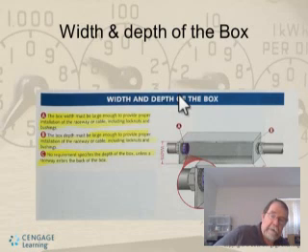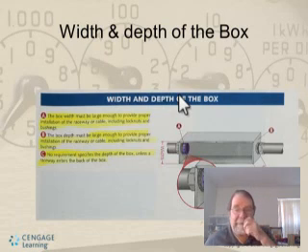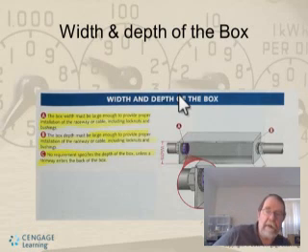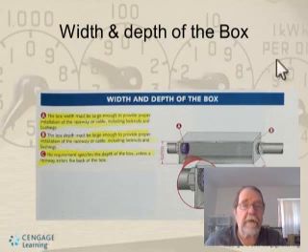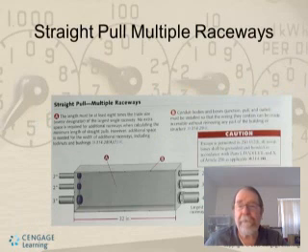So you've got to get in there and tighten them down. No requirement specifies the depth of the box unless raceways enter from the back of the box. So if they're coming in from the side or the top and going out the bottom, then the box depth is not really a big deal. But if you've got some coming out the back, then yeah, you've probably got to decide on your depth.